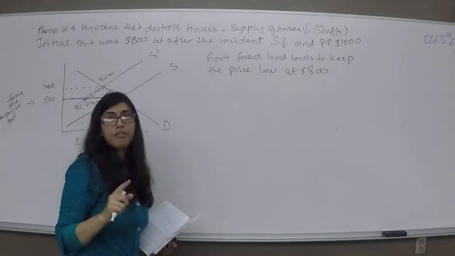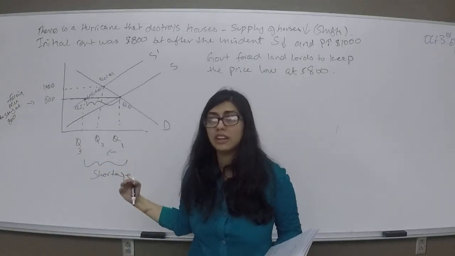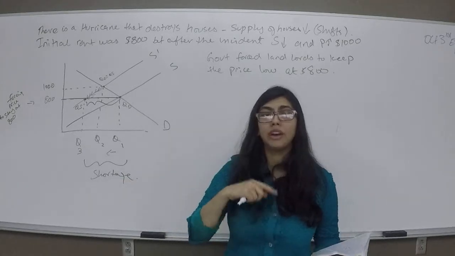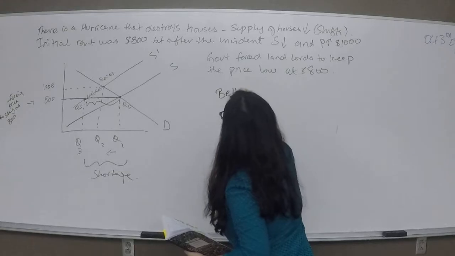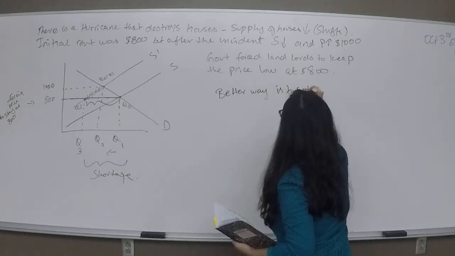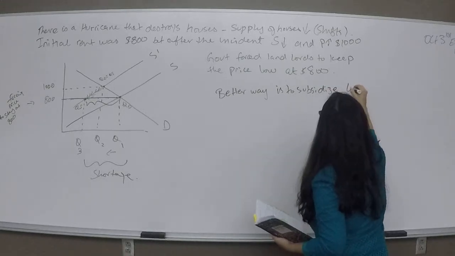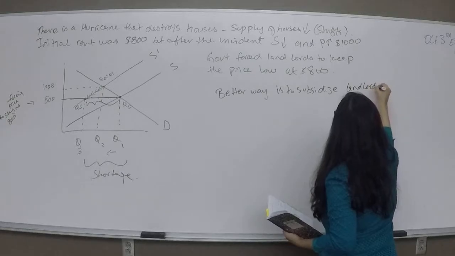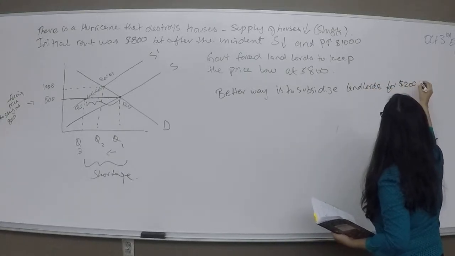So instead of forcing landlords to keep the price at $800, a better way is to subsidize landlords for $200.